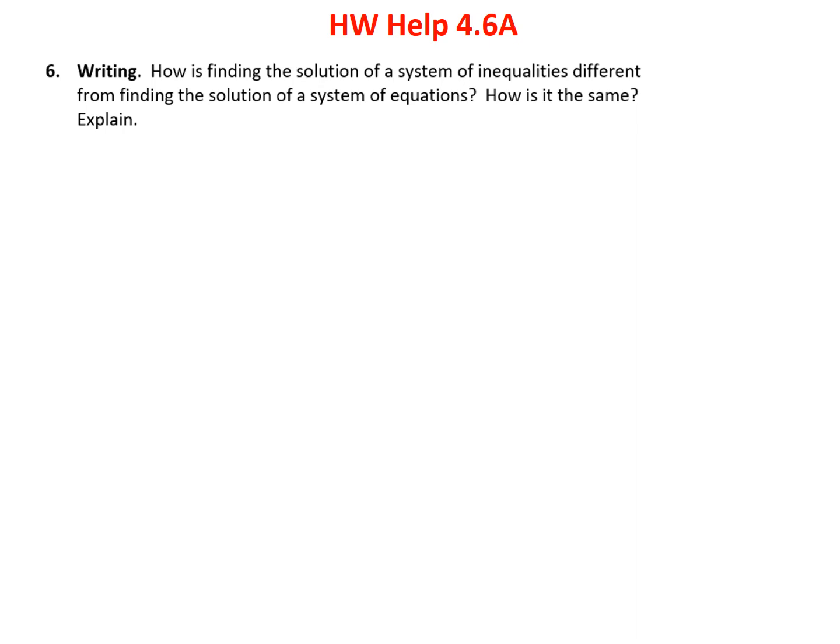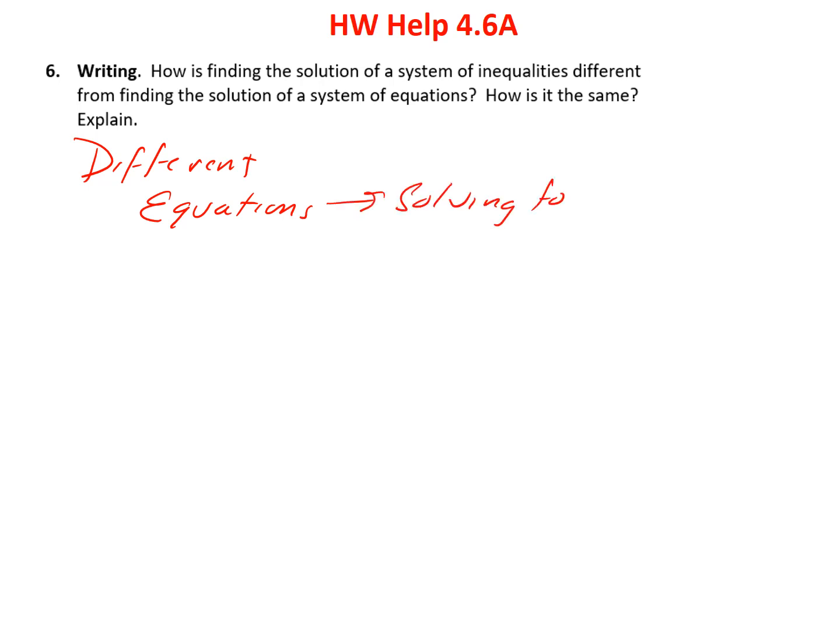Question 6 says, how is finding the solution of inequalities different from finding the solution of a system of equations? Well, one of the areas that they're different is that when you solve a system of equations, you're solving for one point. That is the point of intersection.